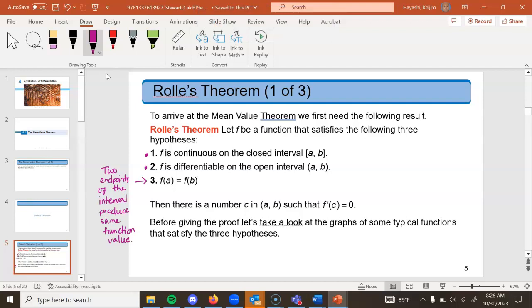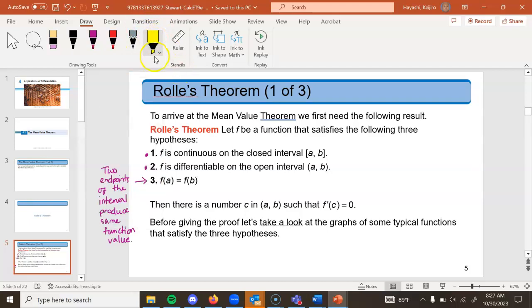That function value could be negative 100, as long as it's negative 100 on both of the endpoints of the interval. It could be 999.4, as long as it's that value on both sides of the interval.